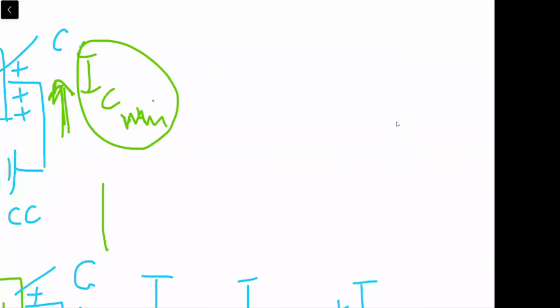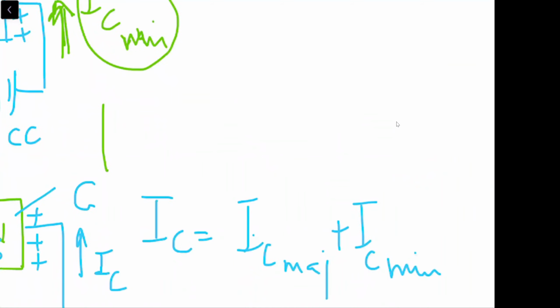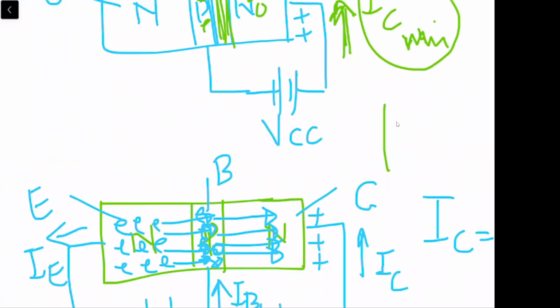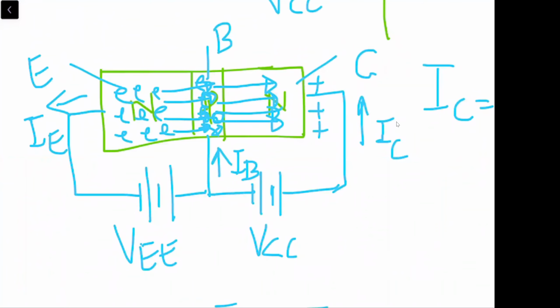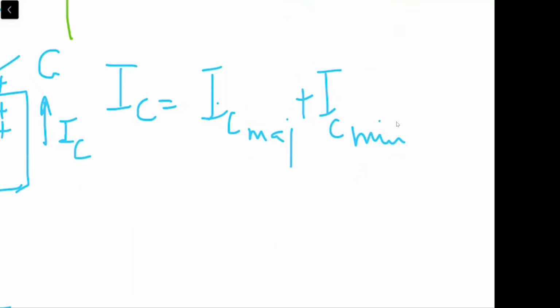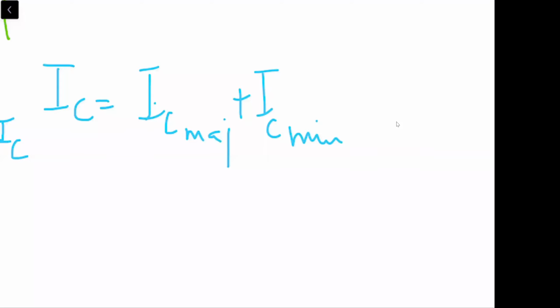So now, if we take a look at this combination and replace it with its symbolic representation in the circuit, how are we going to get the circuit? Let's take a look.